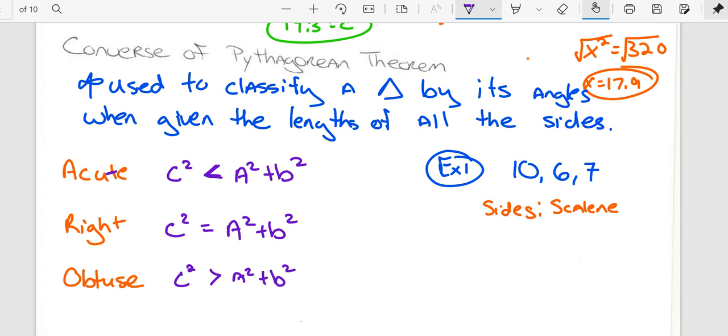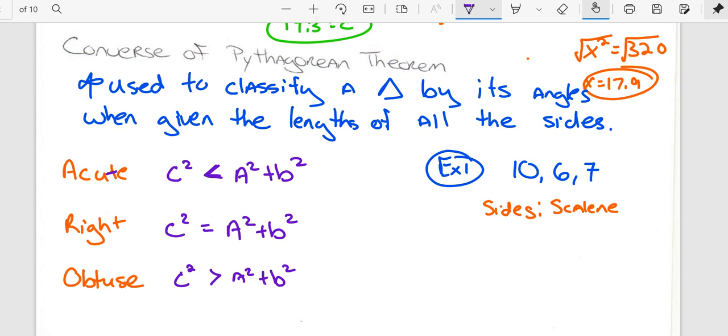All right, so let's put this into work. If I give you 10, 6, and 7, these are the sides, it's scalene. Now, I'm asking you to determine whether this is acute, obtuse, or right. What I was alluding to earlier is that obviously this is not equiangular.